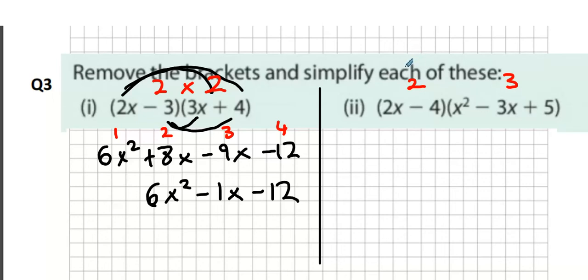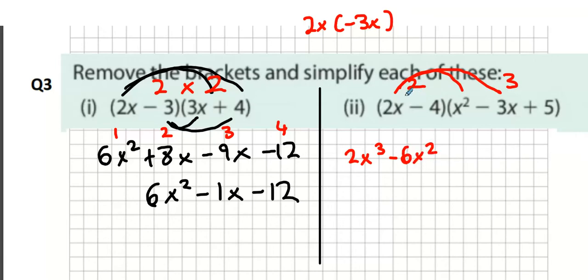Okay. Any idea how to do this one? What about yourself, Kyle? 2x by x squared. Any idea? 2x cubed. 2x times 3x. 2x by minus 3x. Thank you. Yeah, good job. And then 2x by 5. 10x, all right?